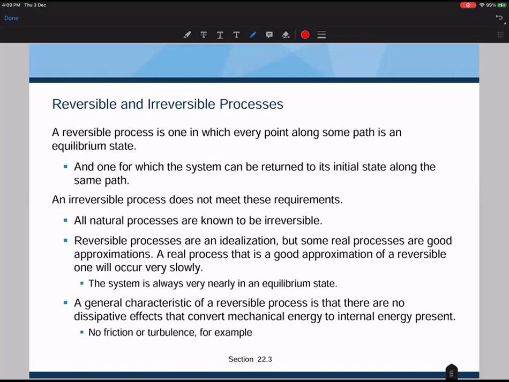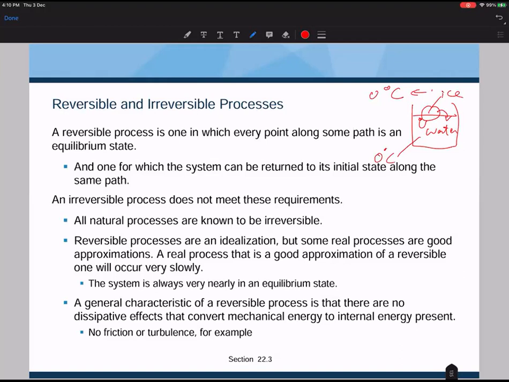So if you have two parts of the system, one part is ice, one part is water, both at 0 degrees C, then the ice could turn into water and the water could turn into ice at the same rate, and they are in equilibrium. So in that case, the conversion between the ice and the water would be reversible.